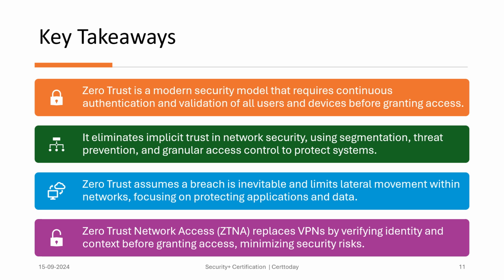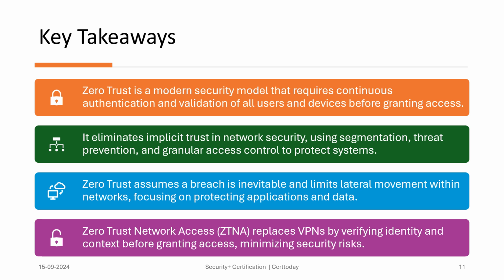Zero trust has been around for many years now, but it still hasn't taken off. Only the big companies are implementing this, but most medium to small companies are still lagging behind. They don't really get it. And anyway, here are the main takeaways from this session.